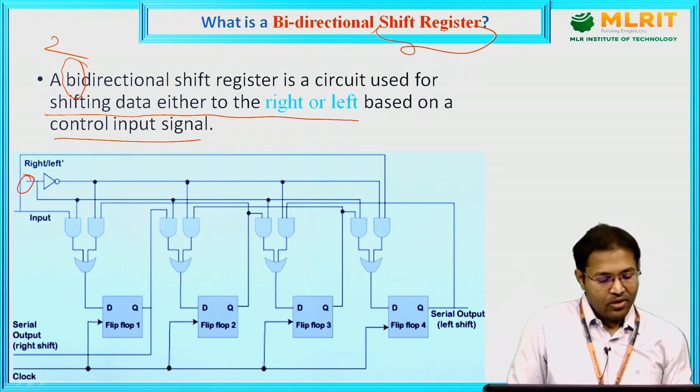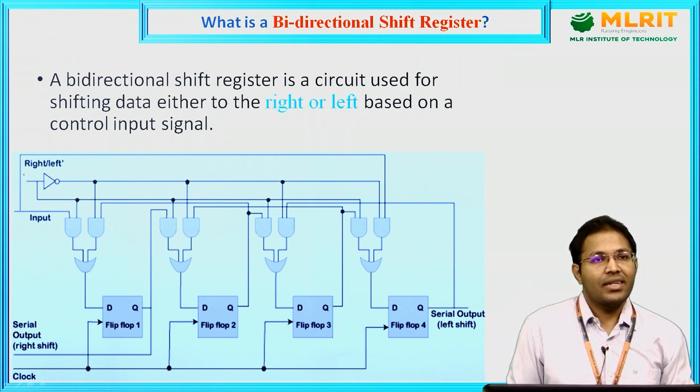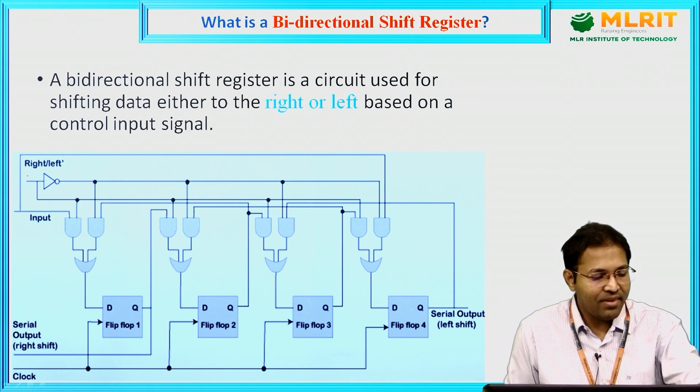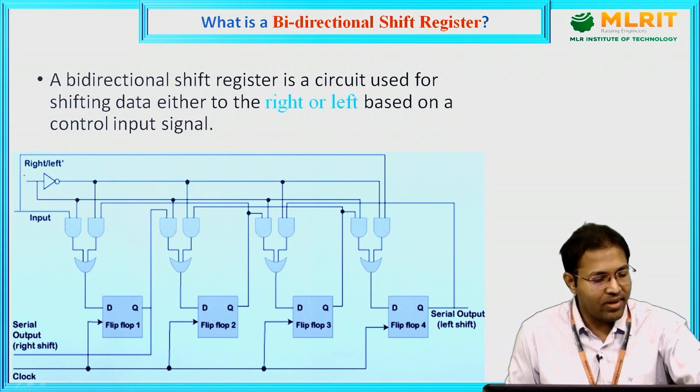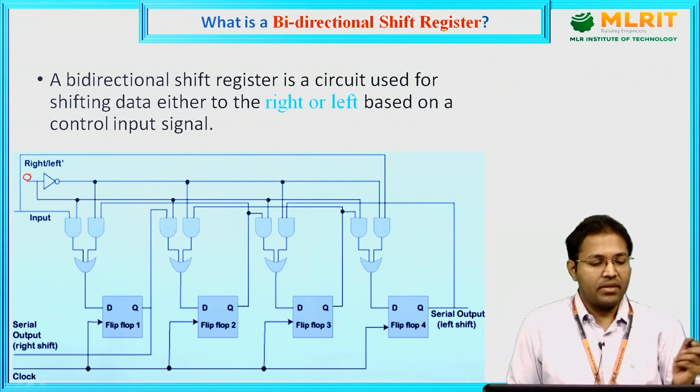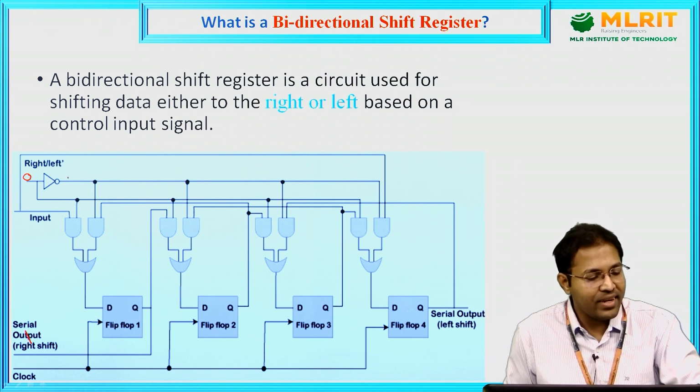Now to understand this better, let us say we give an input of 0 to this circuit. Let us see what the situation is. The output of the NOT gate we get is a 1.